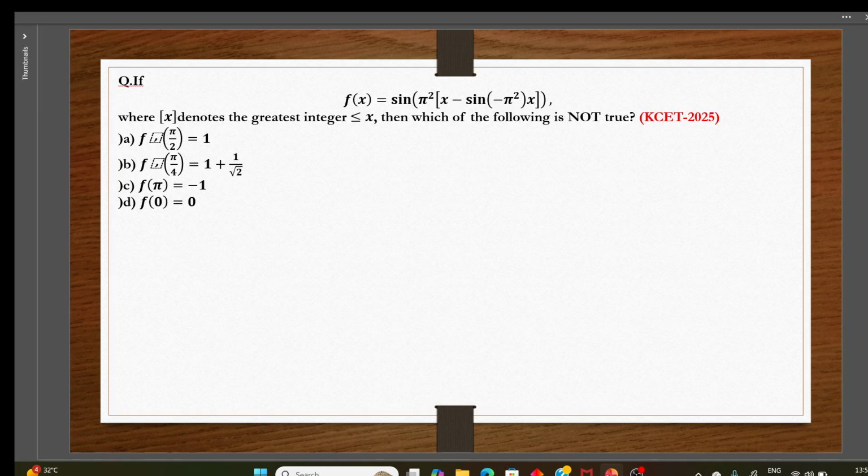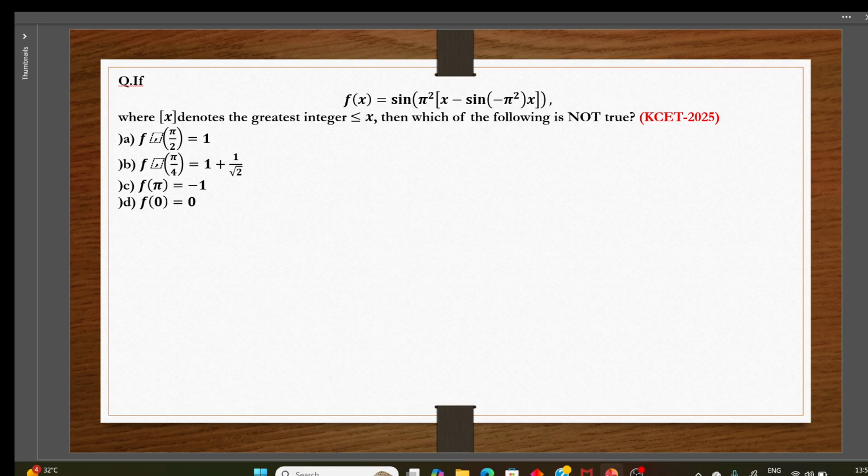Next, here, if f of x is equal to sine of... here the question is actually not in correct form, so we have to check this.